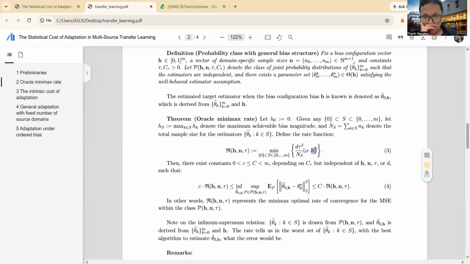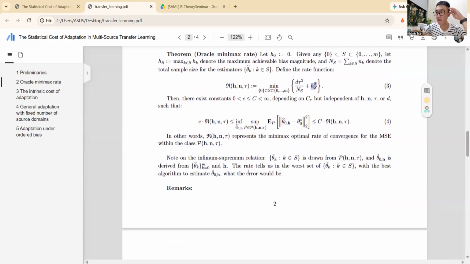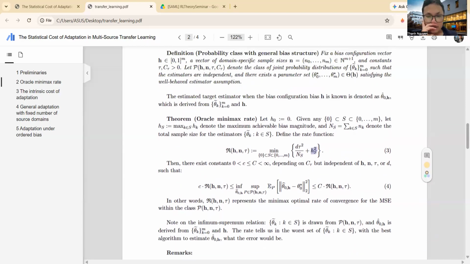So what does this result mean? Oh, the definition, equation 3, is the definition, not the result. Yes, it's the definition of the rate function R, and equation 4 is the result. Okay, I see.